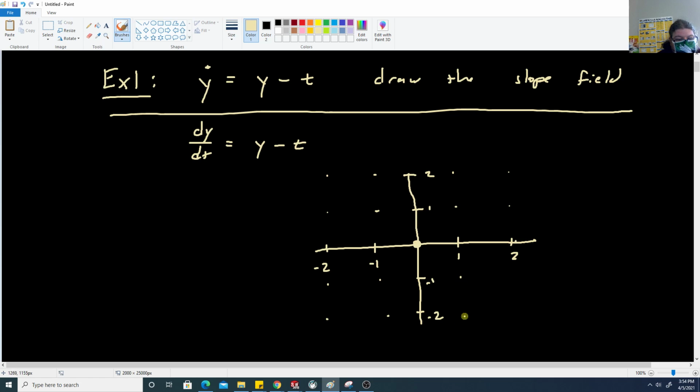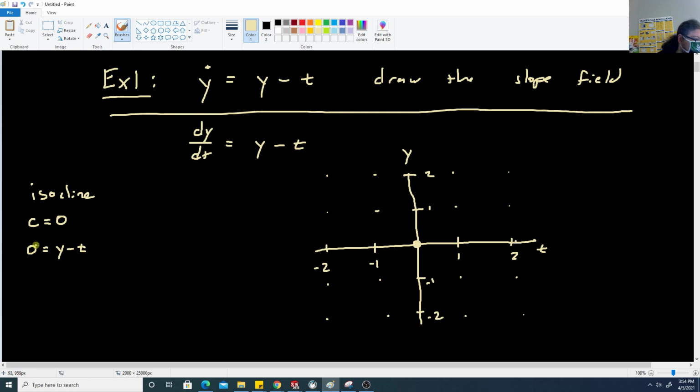To speed this up, we can do something called finding isoclines. So basically, for an isocline, we set what we want the slope to be. For example, if we set the slope equal to 0, that would mean dy dt is 0. So we get 0 equals y minus t. This is our t-axis, this is our y-axis.